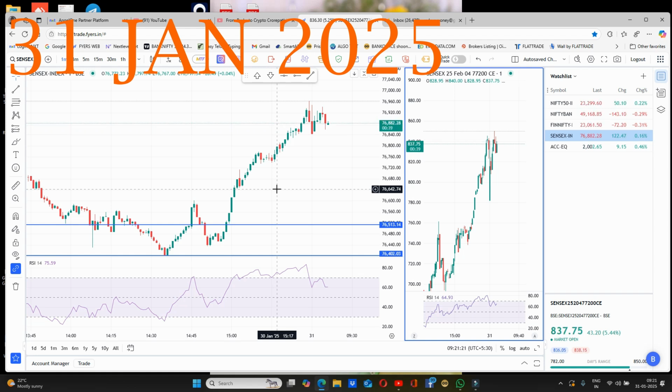And see, markets, keeping in mind the budget session tomorrow, I think bullish sentiment is continued in the market, hoping for some remedies for the middle class people like exemptions in income tax.